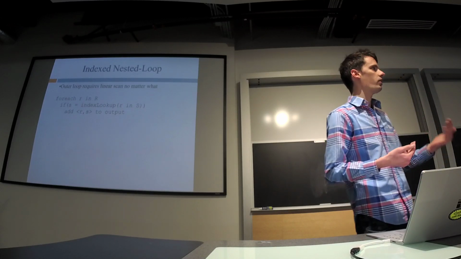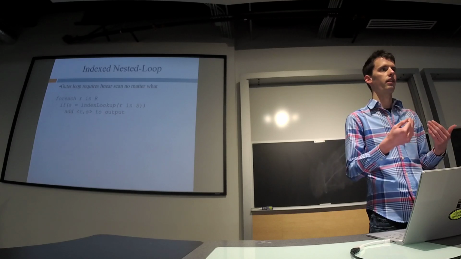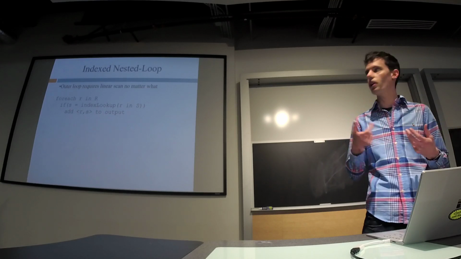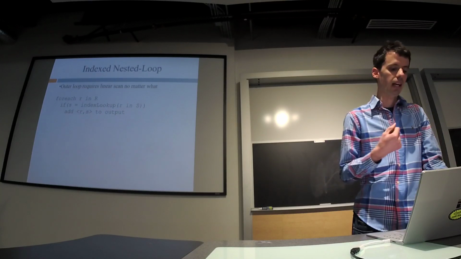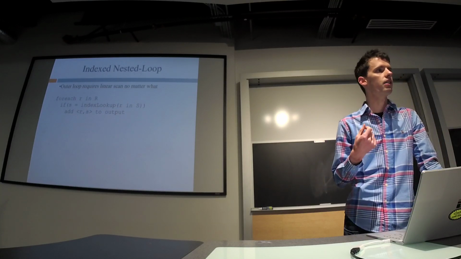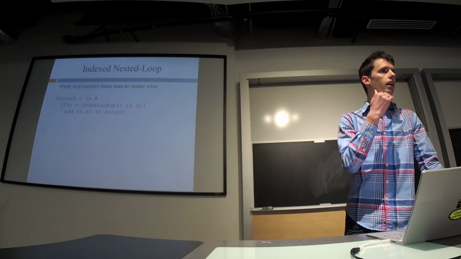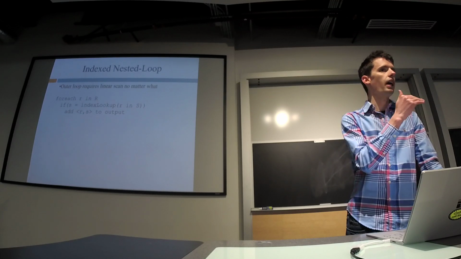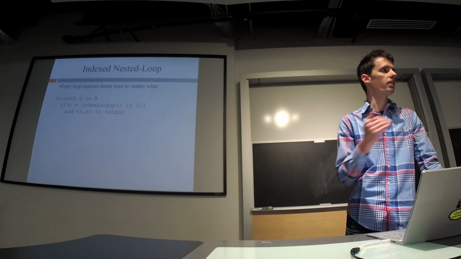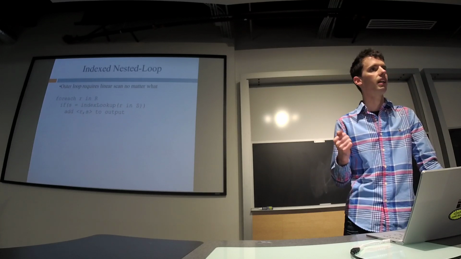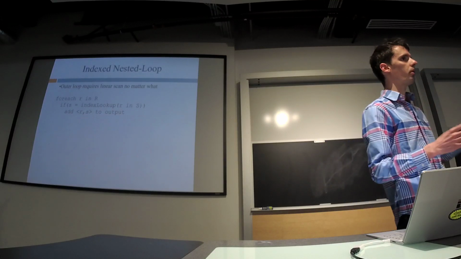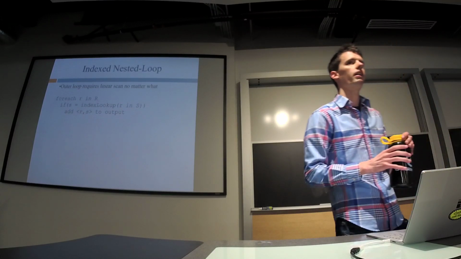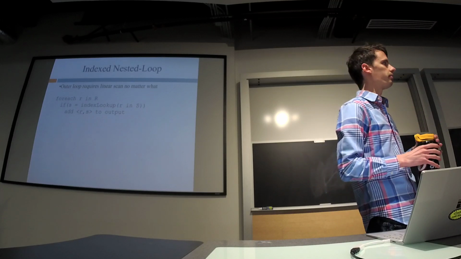So we iterate over R, and then for everything in R, we do a fast index lookup on S. And now it's not really a nested loop anymore. It's more like an n log n sort of loop instead of an n squared loop. You can think of it as a loop because an index lookup is going to be some loop-like algorithm, but it's going to be logarithmic instead of linear.